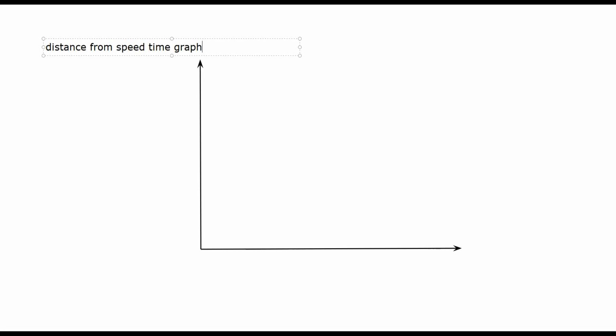So if you want to calculate a distance from the speed time graph, speed is on the y-axis and time is on the x-axis, and you need the distance travelled by the object.